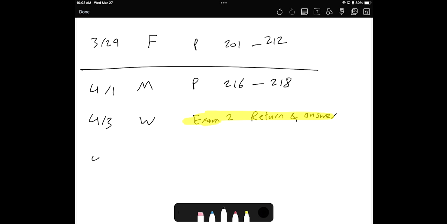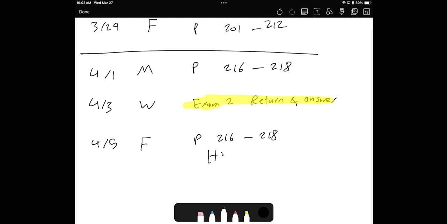Friday, the readings are page 216 to 218, and it will be the due date for homework number 12. Keep in mind, the Wednesday lecture will not be recorded. Okay, any questions?